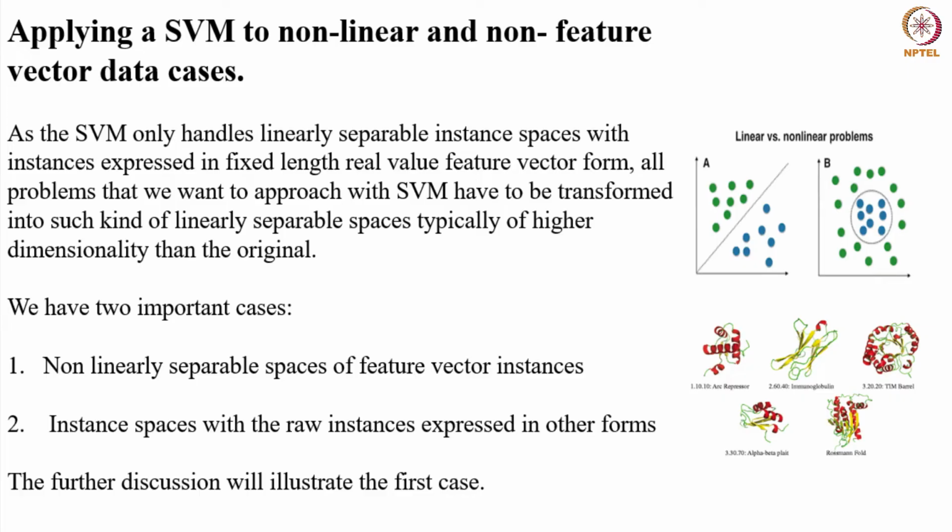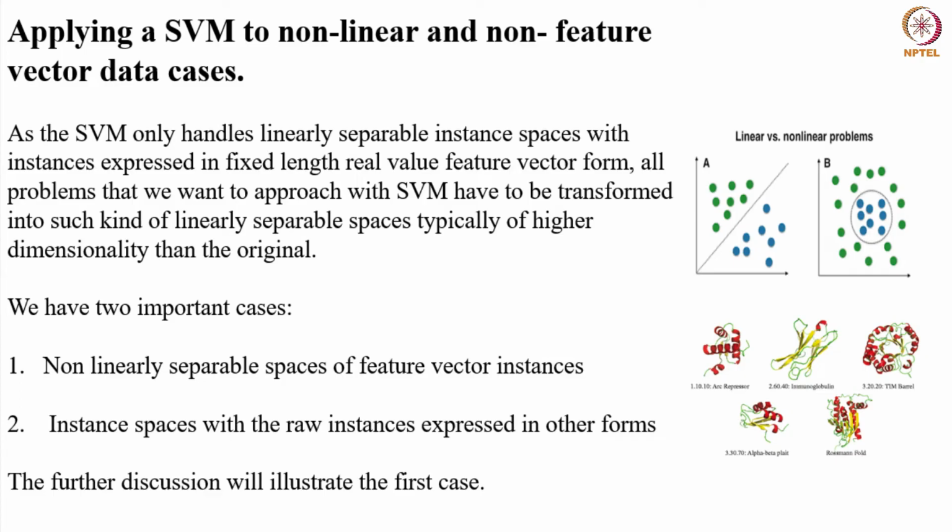The simplest, most straightforward case is that we still have instances expressed as feature vectors, but the instances are configured so that they are non-linearly separable. And this is where we will focus the rest of this discussion.